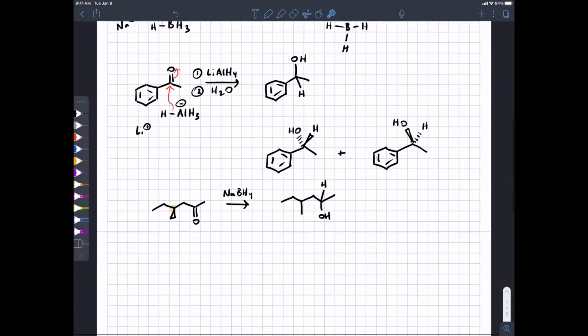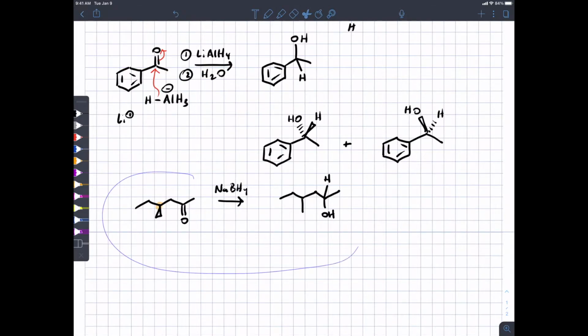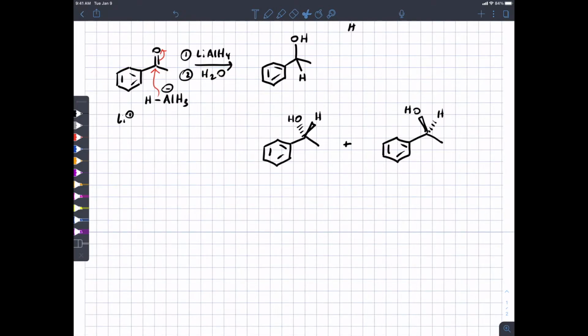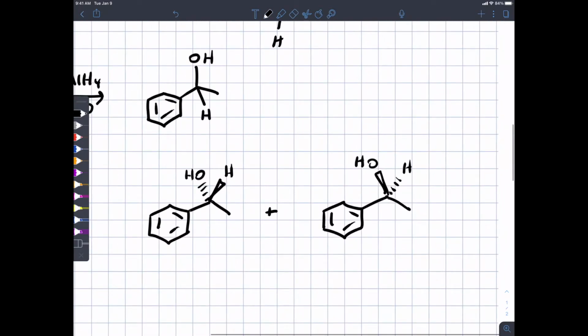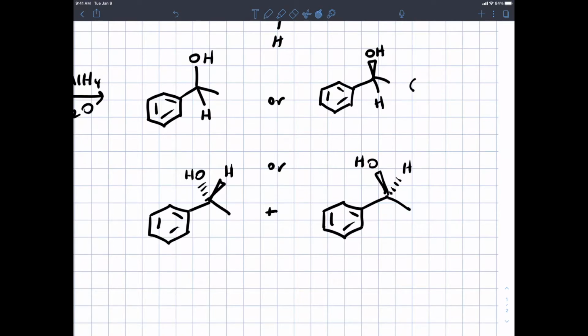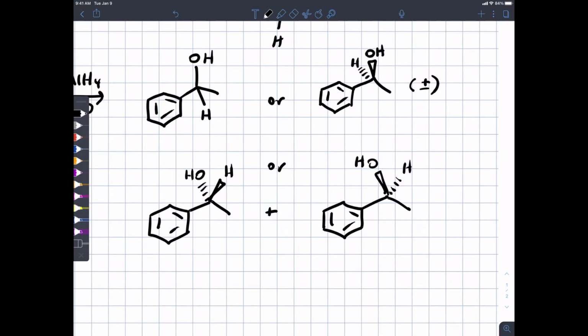So that's just sort of a warning. A final option, which some people like, I don't know that your text uses it, but I've seen people use this abbreviation, is to draw one of the two enantiomers and in parentheses put a plus or minus.